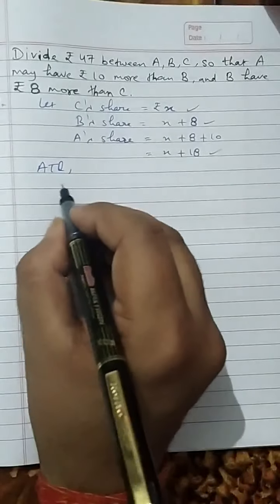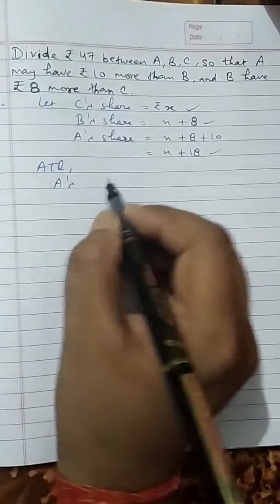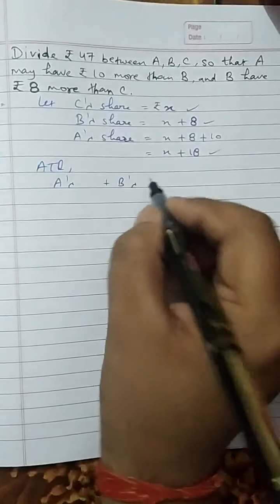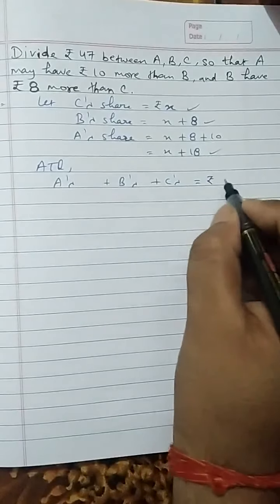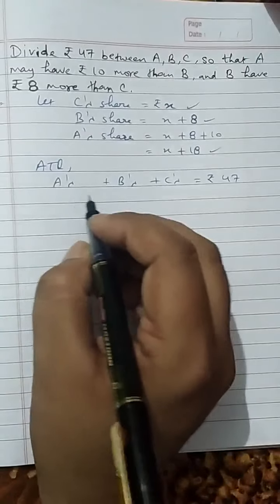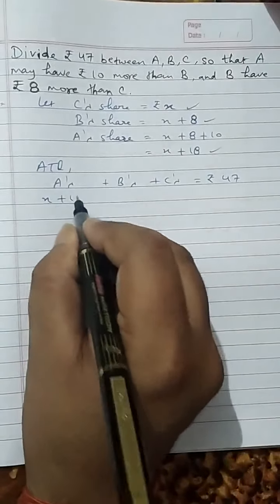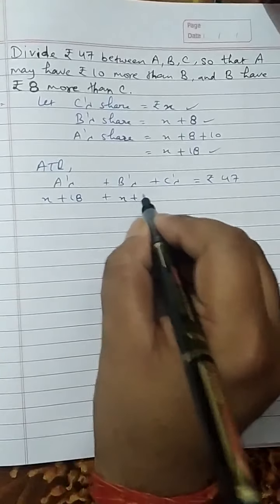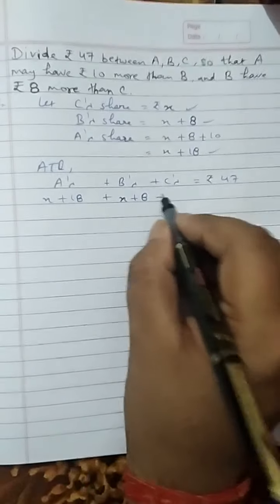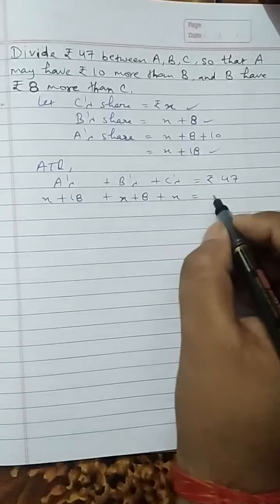According to the question, A's share plus B's share plus C's share, you get rupees 47. A's share is x plus 18, B's share is x plus 8 and C's share is x.